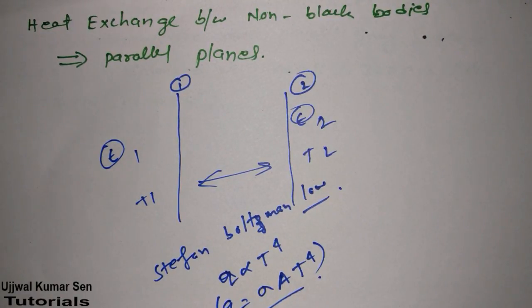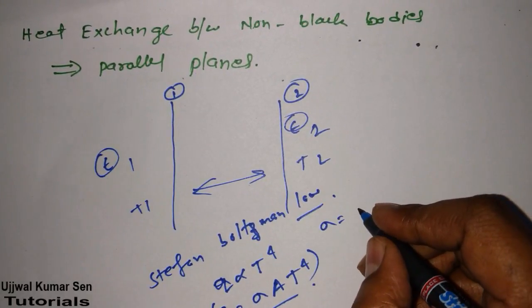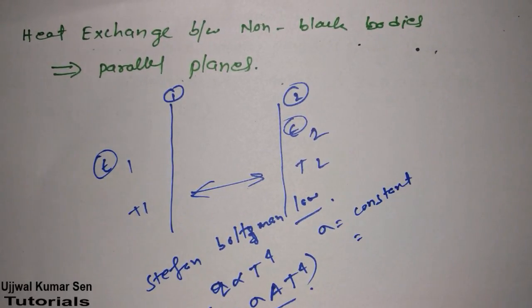But after that we have many things to do with this formula. But yes, this is the most basic formula, I must say. And sigma is known as the Stefan Boltzmann constant. This is a constant, and a constant term has some constant value, just like the universal gas constant.